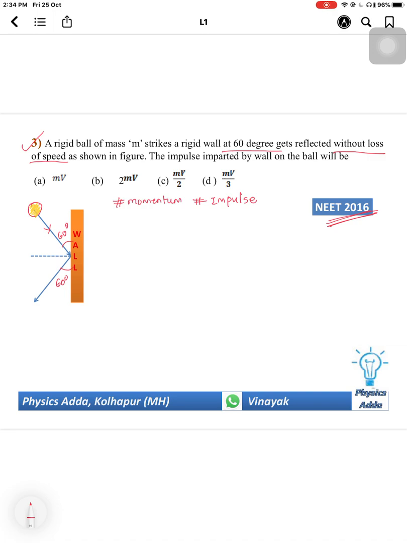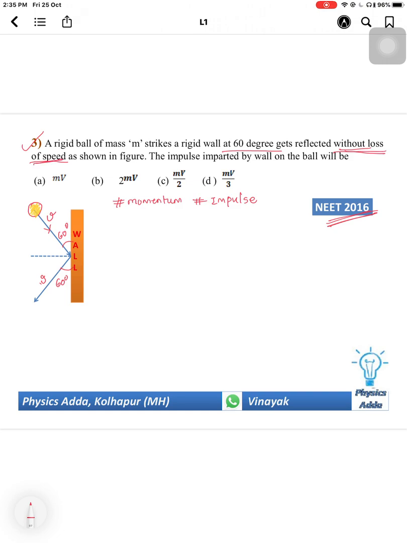There will not be any loss of speed. This speed is v. This speed after reflection will be v, since there is no loss of speed.